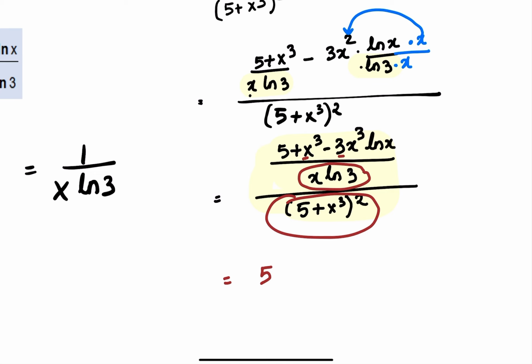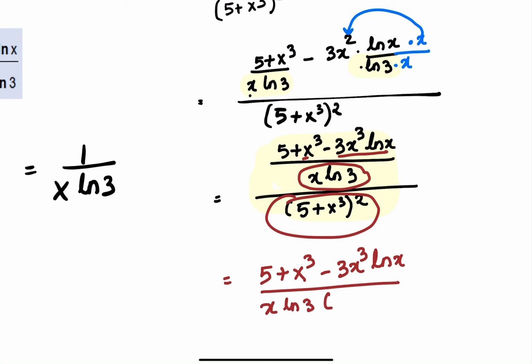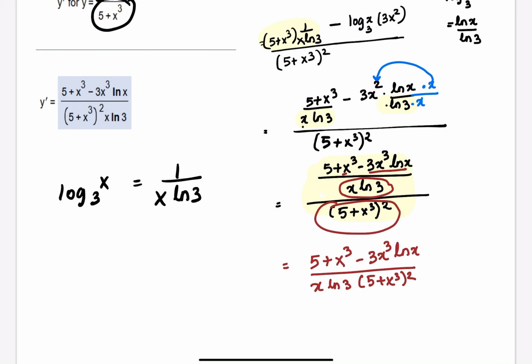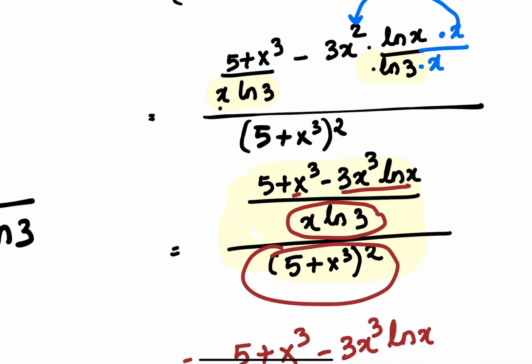I thought I can, but I can't because these two are one term. So it's 5 plus x cube minus 3x cube ln x over x ln 3, 5 plus x cube whole squared. And let's see if our answer matches. And there it does. So please be very careful. I made a mistake of combining these two, which like you saw, but I rectified myself. I can't do that because this whole thing is one term.